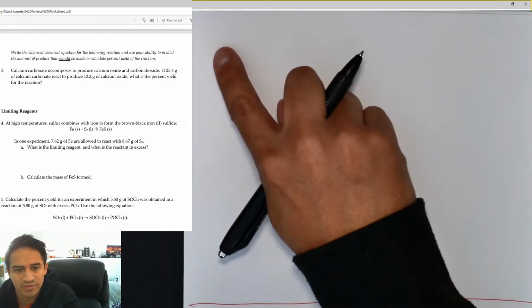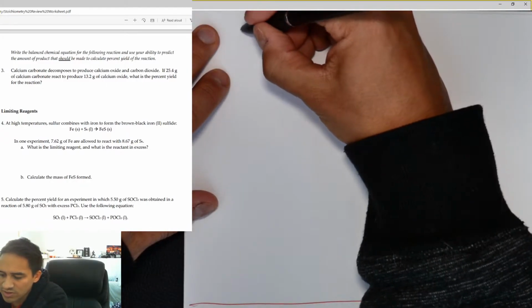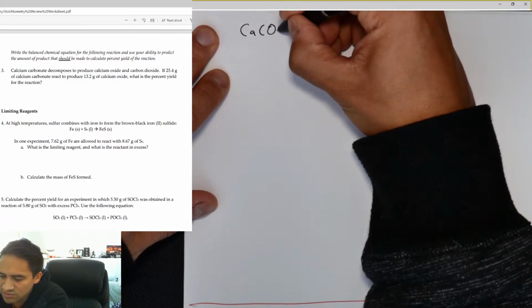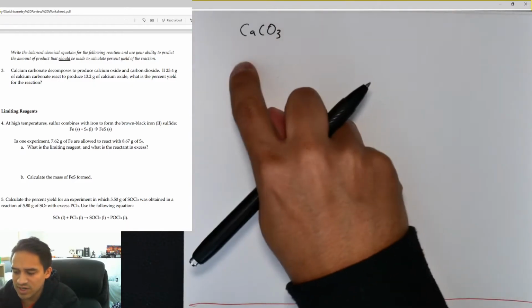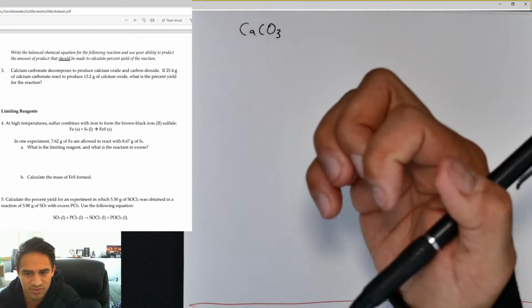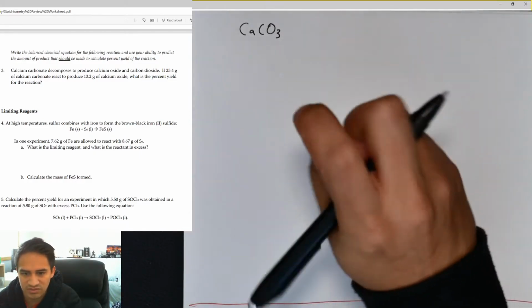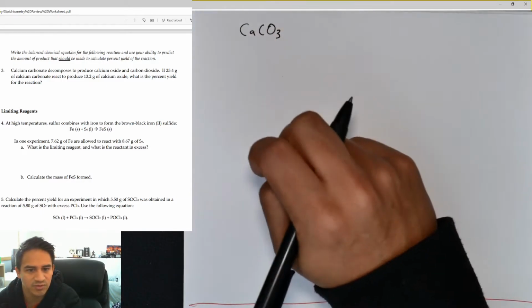So it says calcium carbonate decomposes. All right, so the chemical formula for calcium carbonate is CaCO3. Okay, now I'm not going to go into how we write chemical formulas. We did that in chapter 9, chapter 10, chapter 11. At this point, you should be able to write a chemical formula.